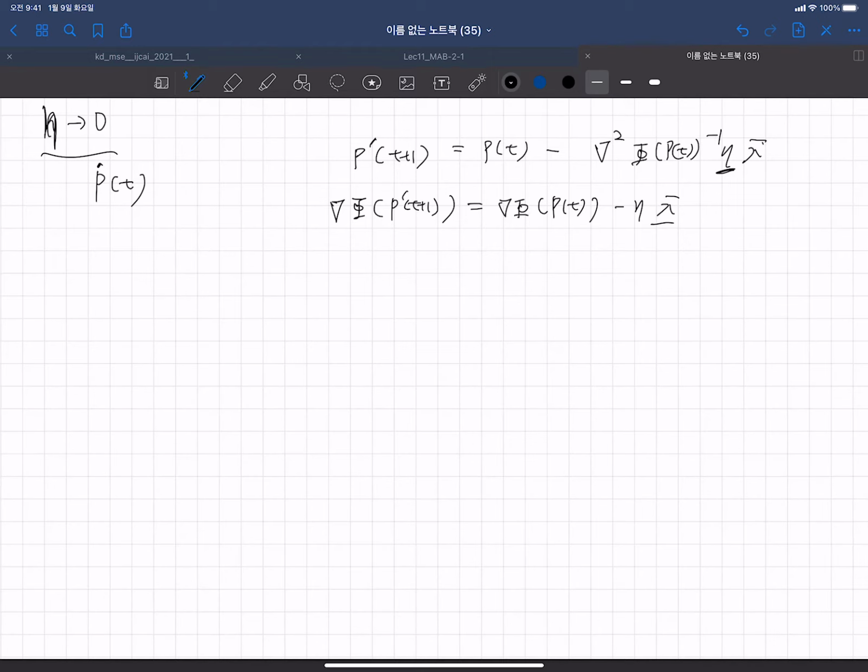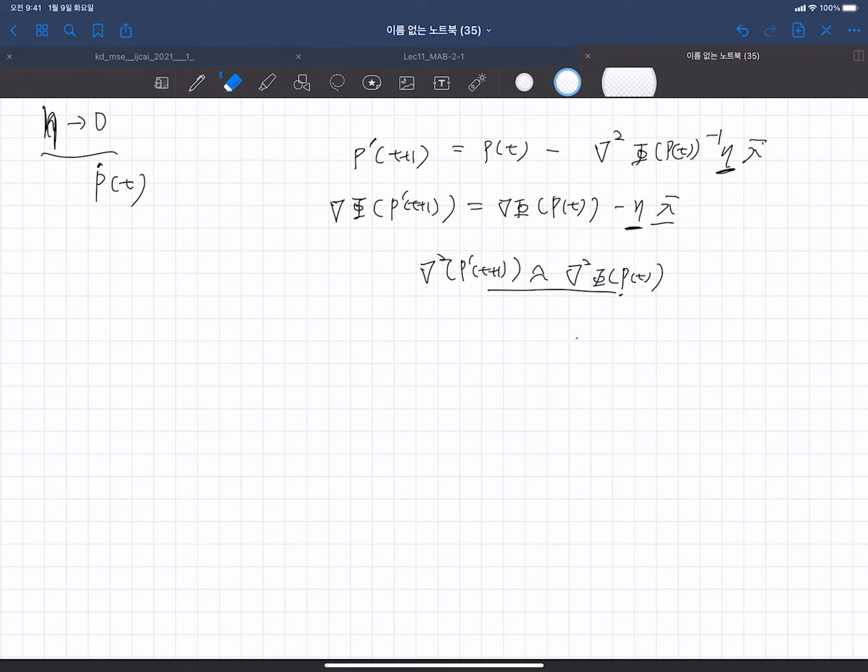Here x bar is the update direction by the online mirror descent from the definition. So here, when eta is very tiny, naturally p prime t plus 1 and pt are close to each other, right? So I think the Hessian at point p prime t plus 1 and the Hessian at pt are mostly the same, so we can approximate this by some second order polynomial equation.